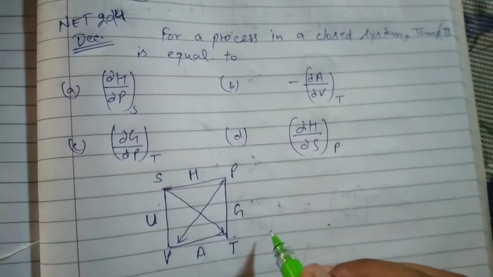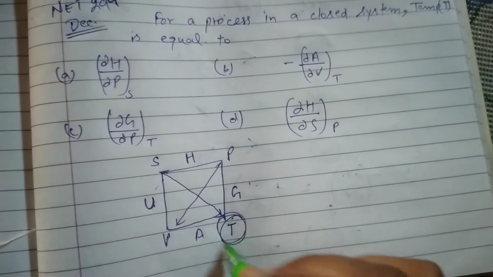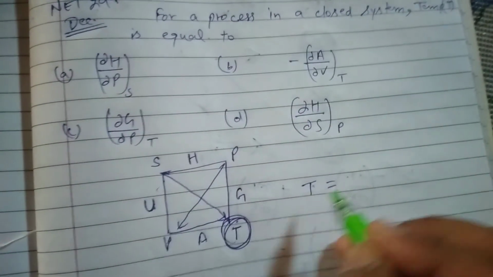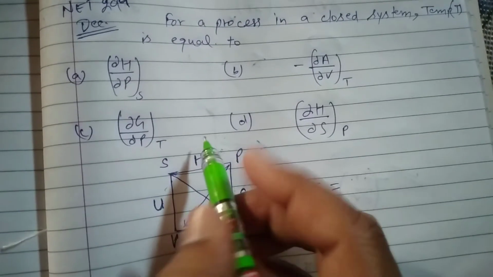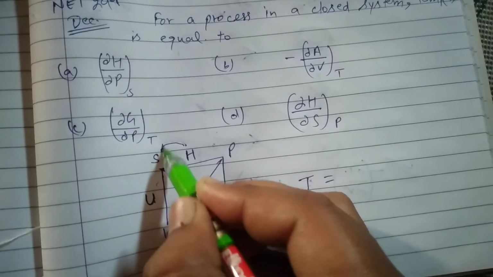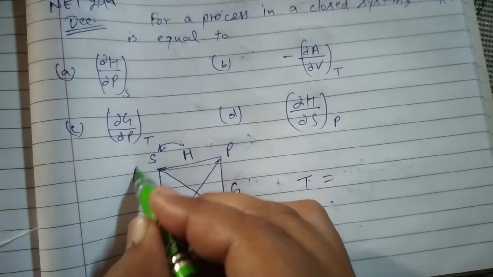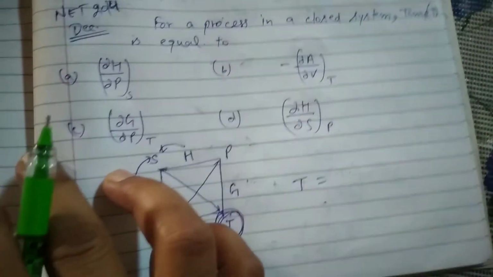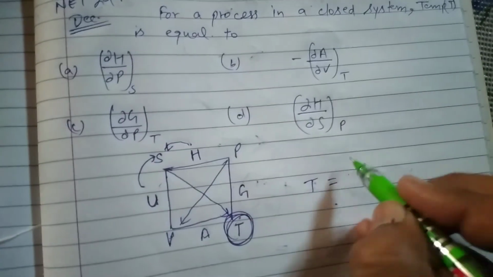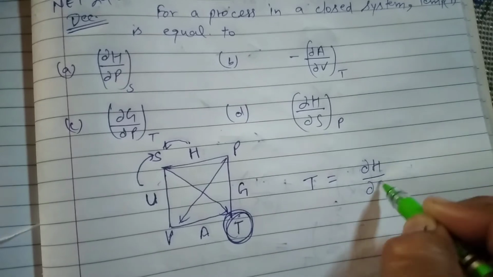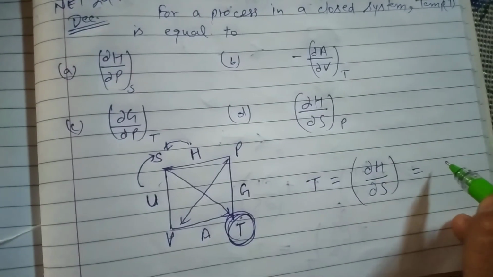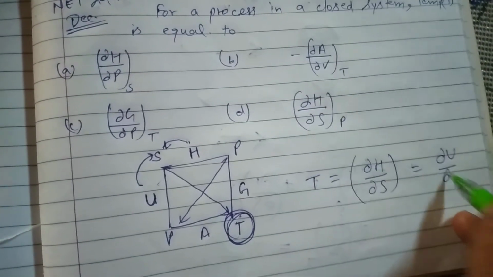We have to find the equation for temperature T. So T is equal to, find the opposite element, and then find the nearest thermodynamic functions. Enthalpy and internal energy are the nearest thermodynamic functions. Then write the equation with respect to entropy: curly H by curly S, and here curly U by curly S.